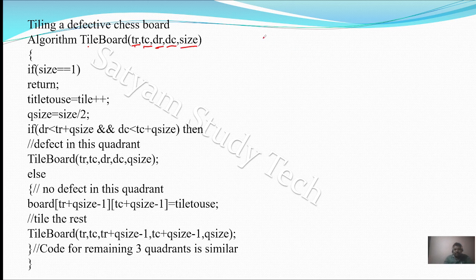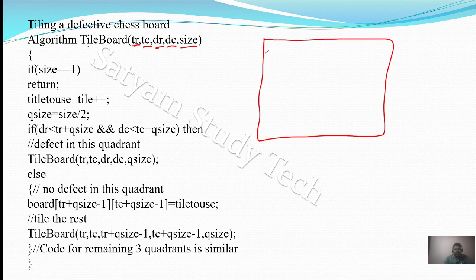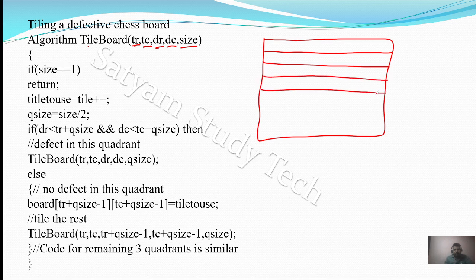For example, I consider this is the chessboard. Here in this 8 by 8 chessboard, 8 rows is there.